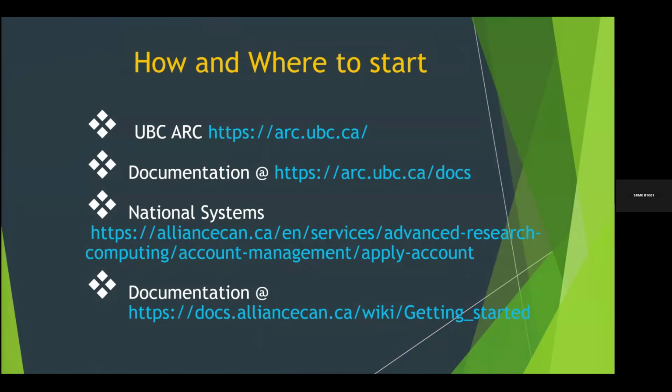So where to start? If you are interested in using, let's say, our UBC system, Sockeye, basically the starting point is going to our webpage, reading what is available, how to get access to it, what are the procedures. Pretty easy, pretty straightforward.